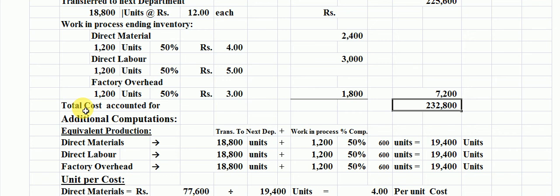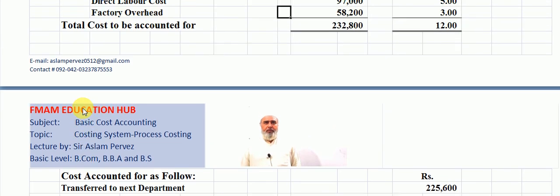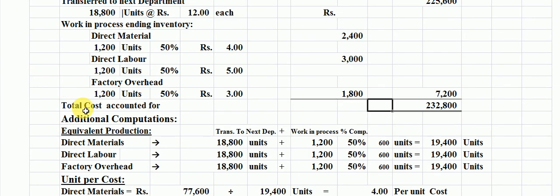This value is a reconciliation. This value should be reconciled with the second section total amount, which is here: 2,32,800 rupees should equal this value. Students, this is our problem which we have solved with the help of the first section, second section and fourth section, ending with the third section.